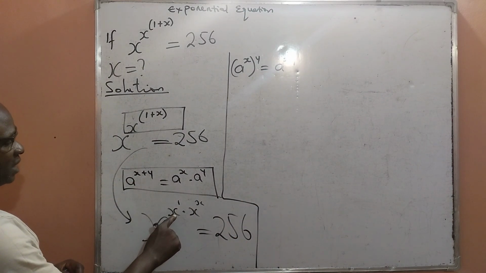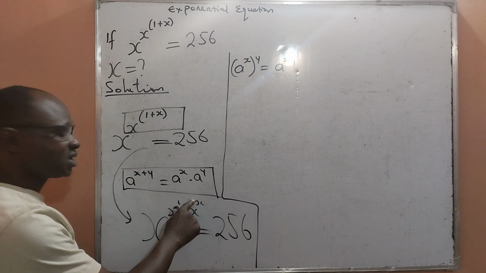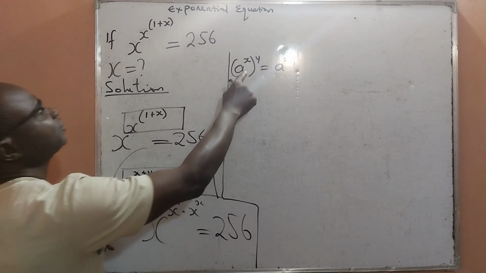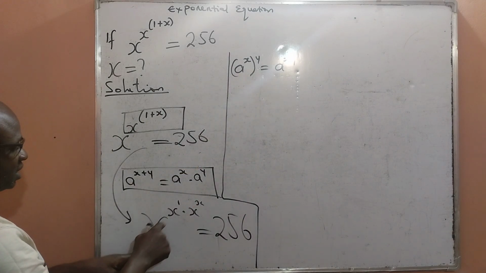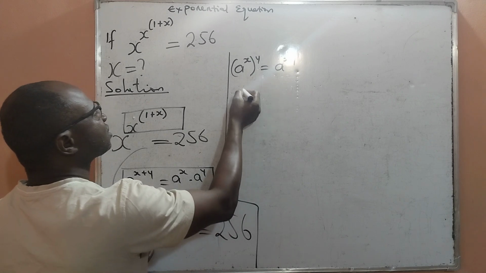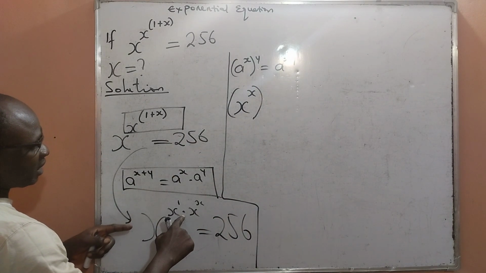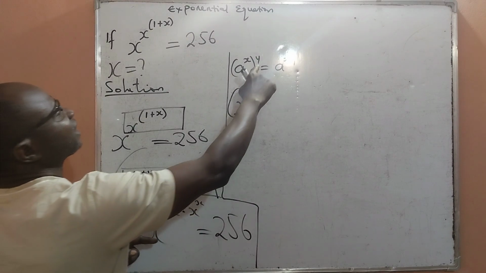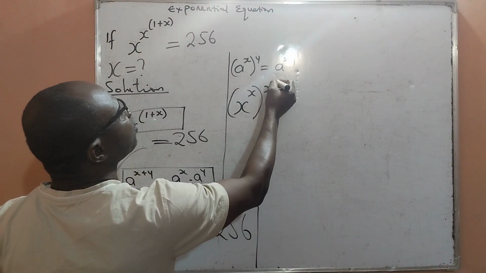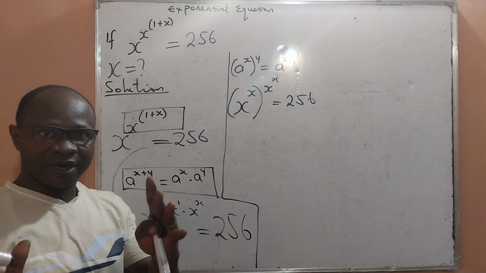Therefore, from here, x multiplies x raised to the power x. So I am going to write it in the form of the left hand side. We now have x raised to the power x inside the bracket, whereas outside the bracket will now be x also raised to the power x, equal to 256. It is very, very correct.